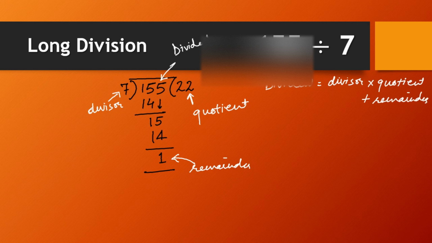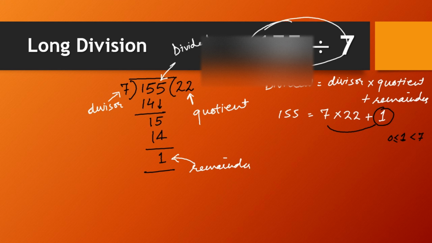Now if I write the numbers here, 155 equals 7 times 22 plus 1, and we were also taught that this 1 cannot be greater than the divisor, which means it has to be greater than or equal to 0, a positive number, and it has to be less than 7.